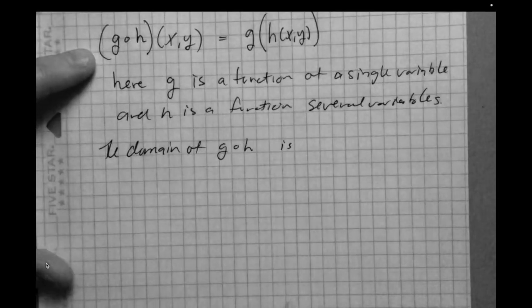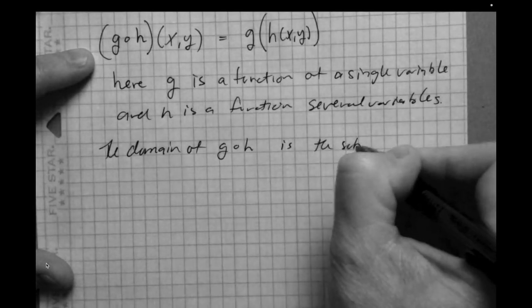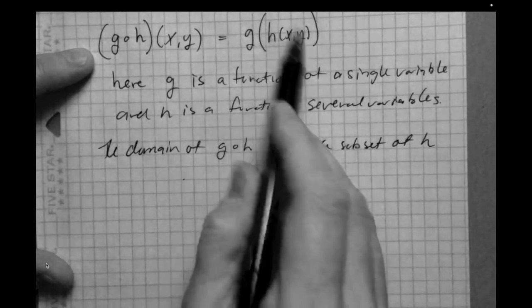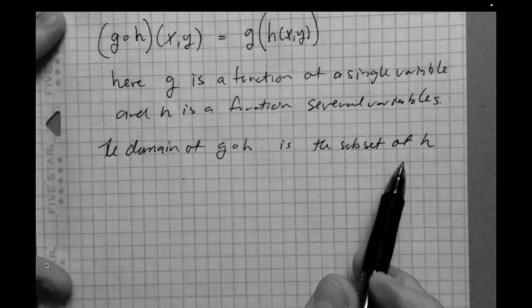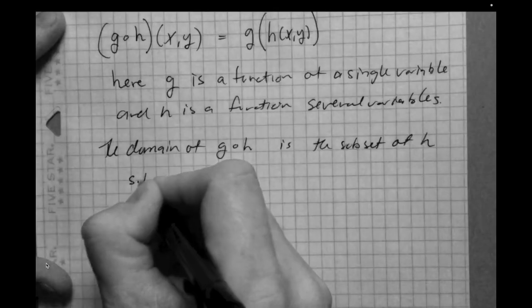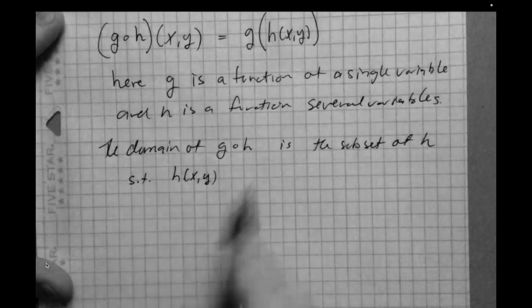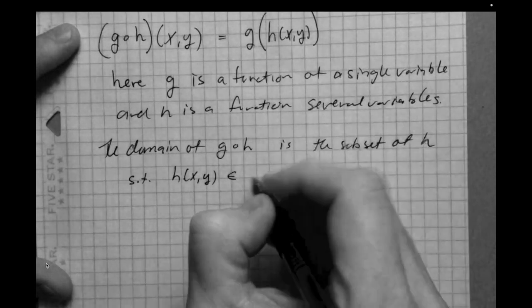The domain of g composed with h is going to be the subset of the domain of h, right? So h is going to have some domain, clearly. It's going to be the subset of h such that when I plug those x, y's into h, that evaluates to something in the domain of g.